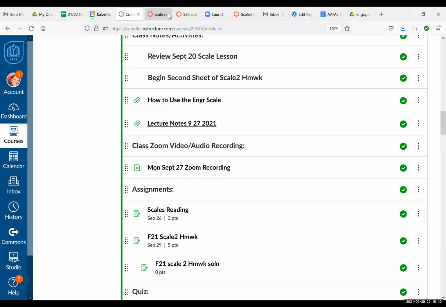The idea of these, let me stop sharing for a minute. The idea of these tools is that you're reading the number off exactly, and you're not doing any multiplication in your head. So even though you're right, if you have a 1 to 8 scale, you can use a different scale like the 40 scale and do some different multiplication, but that's not the purpose of an engineering scale.